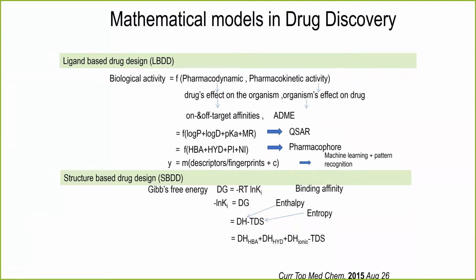Even if you have a structure, sometimes you still have to use ligand based, because there are multiple functional states of the protein, so there will be multiple structural states also. Sometimes you may not have the structures of the relevant state. For example, when you're trying to design an agonist, it will bind and stabilize the most active form.